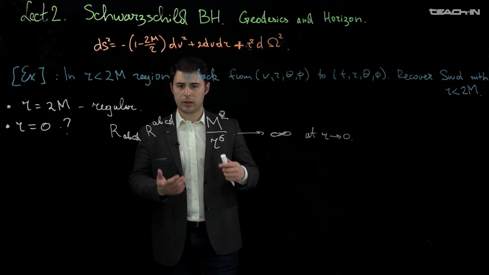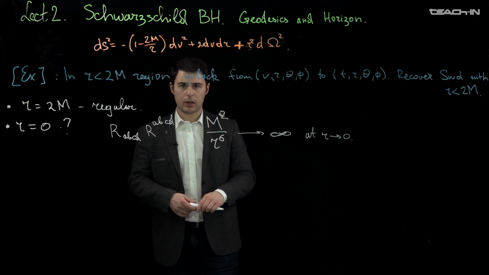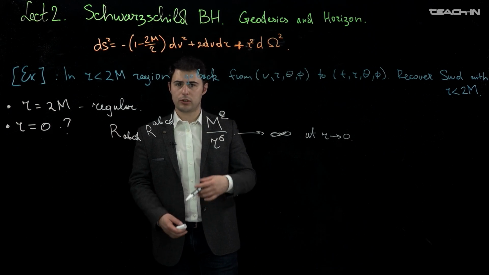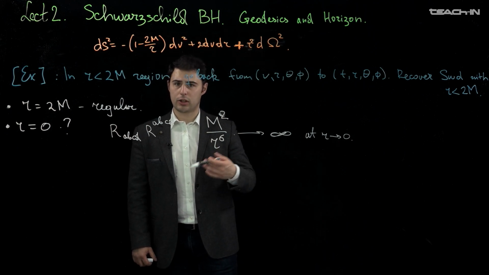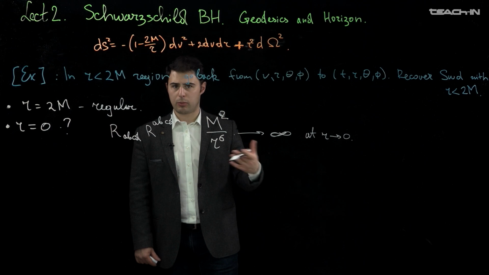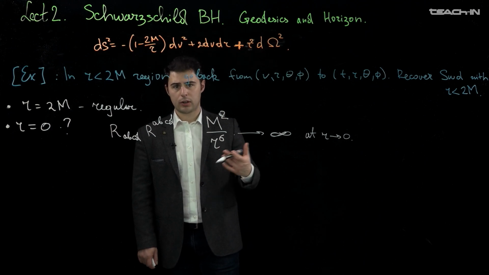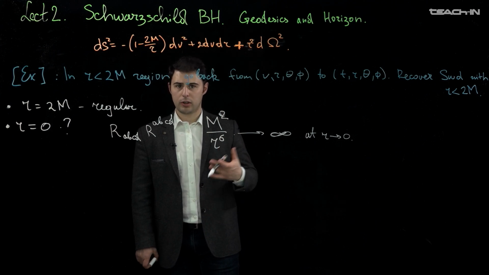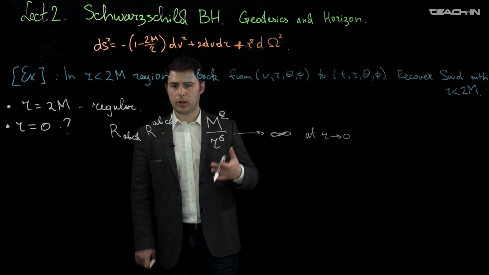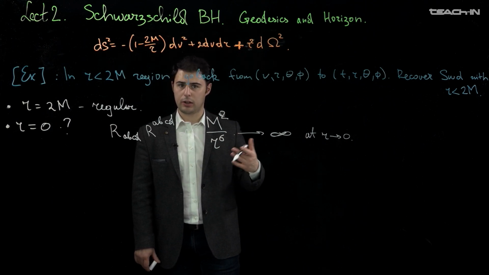So this is indeed some pathology. It's not just a coordinate singularity that can be removed by the introduction of appropriate coordinates. This is an essential curvature singularity that will stay in any coordinate chart.